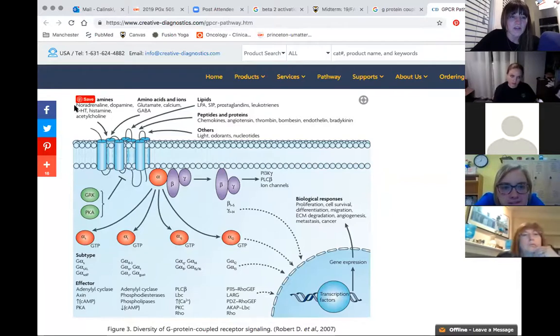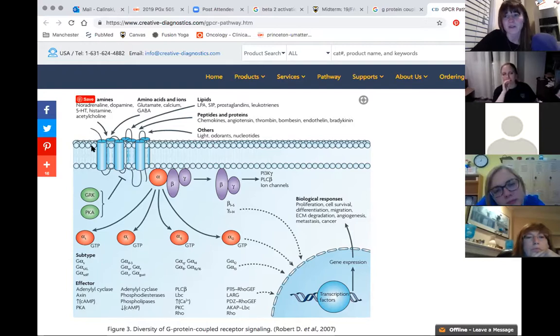They've got epinephrine, dopamine, certain histamine receptors, certain acetylcholine receptors, same for glutamate, calcium, GABA. So all of these things can interact through G protein coupled receptors.